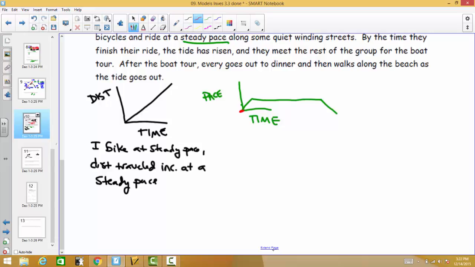And this is a stopped. This is your steady pace. And then this is slowing down and stopping. This would be speeding up to your steady pace, because you have to get to your steady pace.